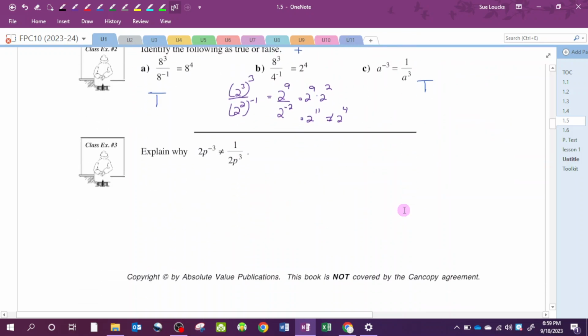Explain why 2p to the negative 3 does not equal 1 over 2p cubed. Pause for a moment, take a look at that. So the rule that's applying here is like the number one rule on my list, which is the exponent only affects what it's touching.